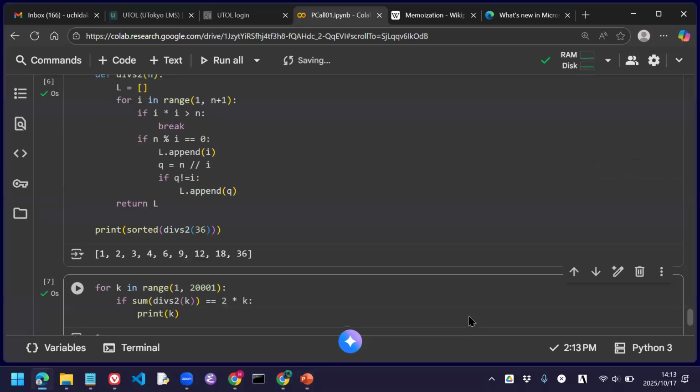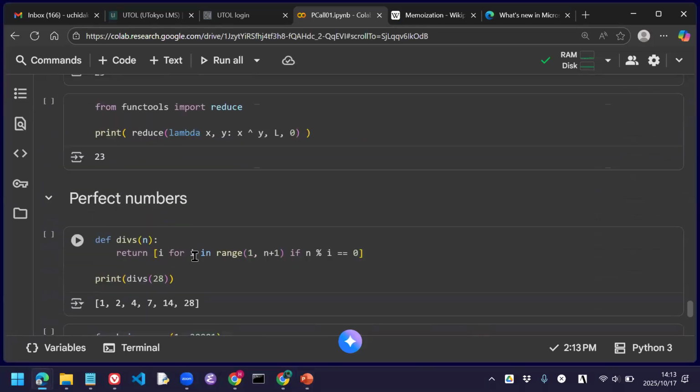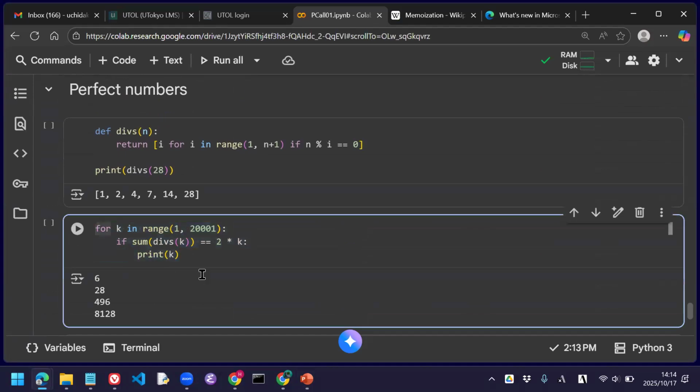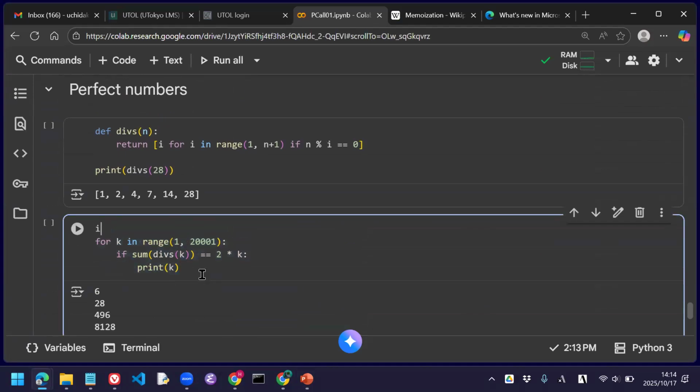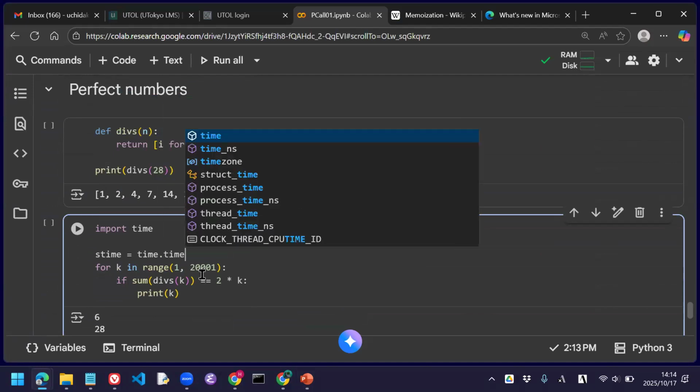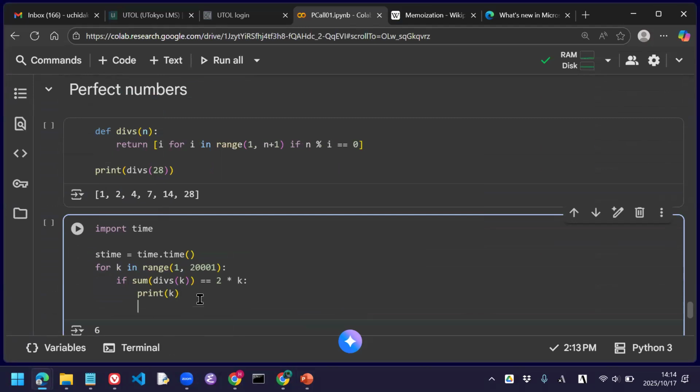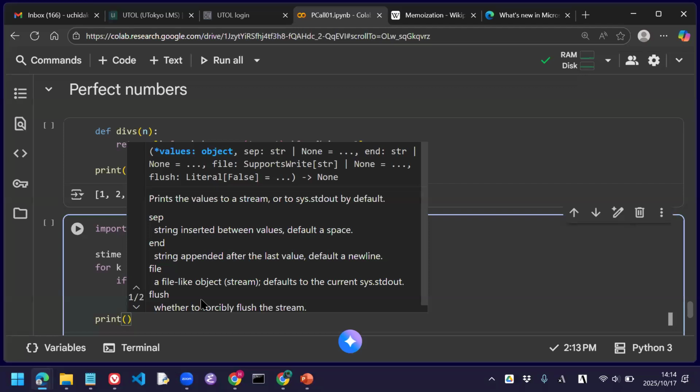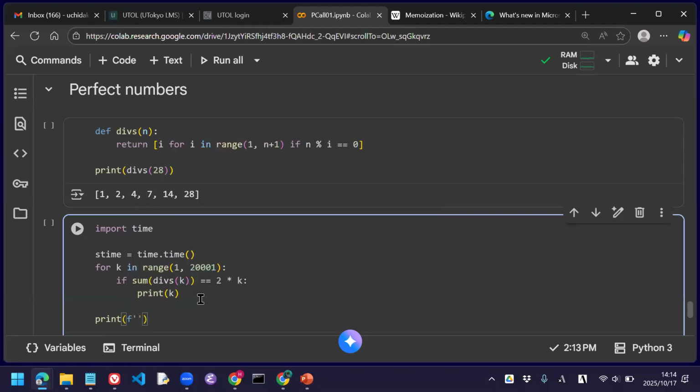To measure time, maybe you know how to do that. We import the time package, and then stime equals the time.time function. And after doing everything, we print the elapsed time. Okay, f-string, time plus time is time.time, the present time. Maybe we can do this before that.